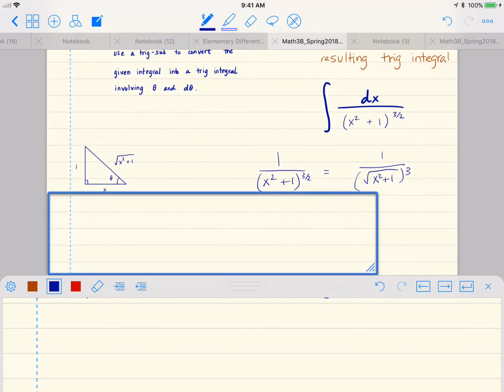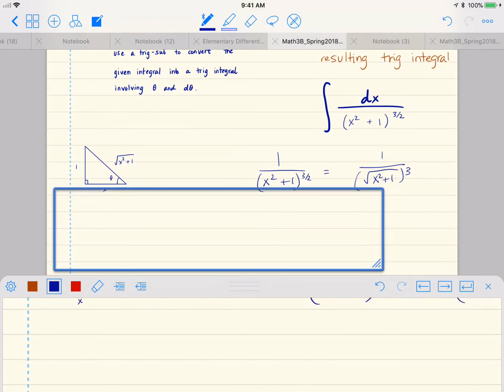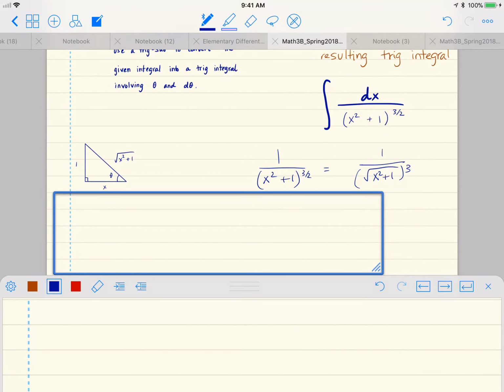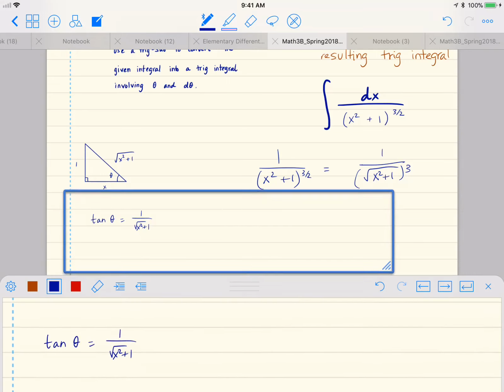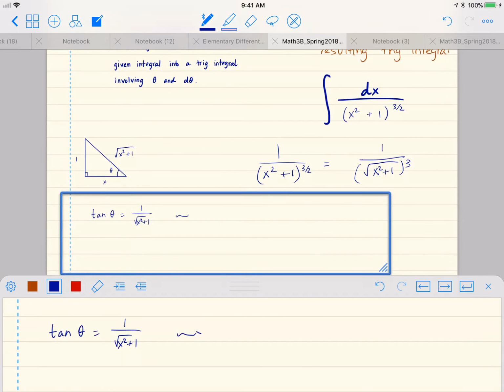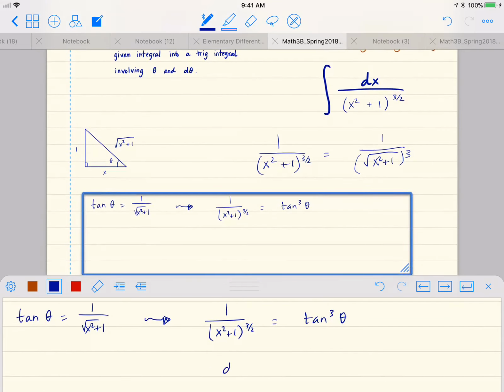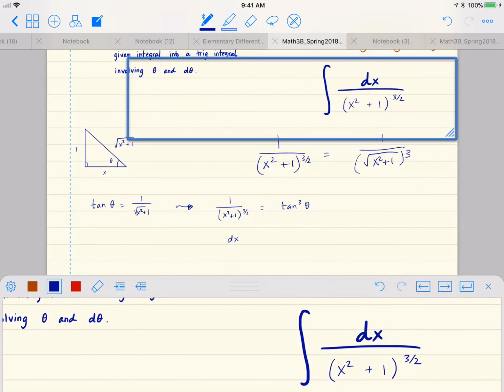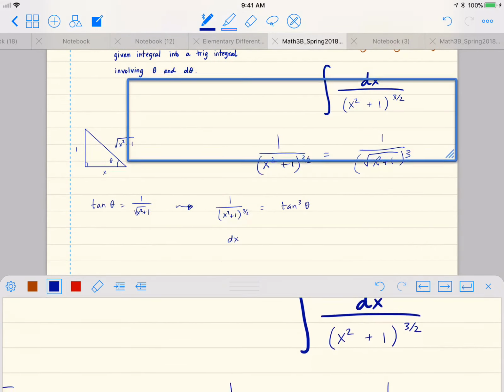Okie dokie. So the relationship between x and theta, let me just go straight to tangent of theta equals 1 over the square root of x squared plus 1. So that means 1 over x squared plus 1 to the 3 halves is going to be tangent cubed theta. And what about dx? Because that's the other thing I need to translate.